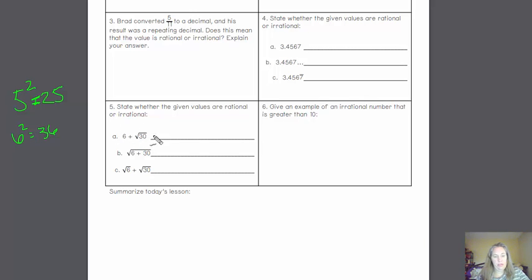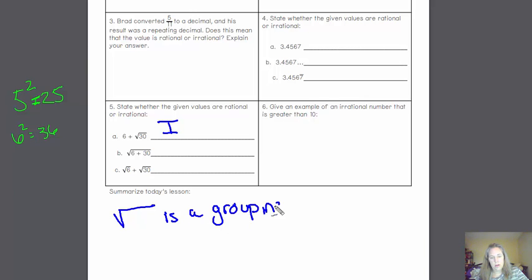So 6 plus the square root of 30 is also going to be irrational because it has a square root of 30 in it. Square root of 6 plus 30, the square root is a grouping symbol. It's kind of like it has parentheses here. You have to do under the grouping symbol first.